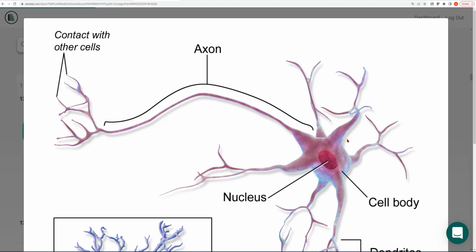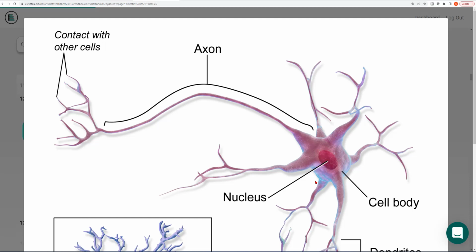As you're seeing this cell, be reminded this does not look at all like the spherical cell that we labeled back in the second or third chapter, right? When we looked at cells, we always had that spherical cell. It had the nucleus in the center and the Golgi and the lysosomes.